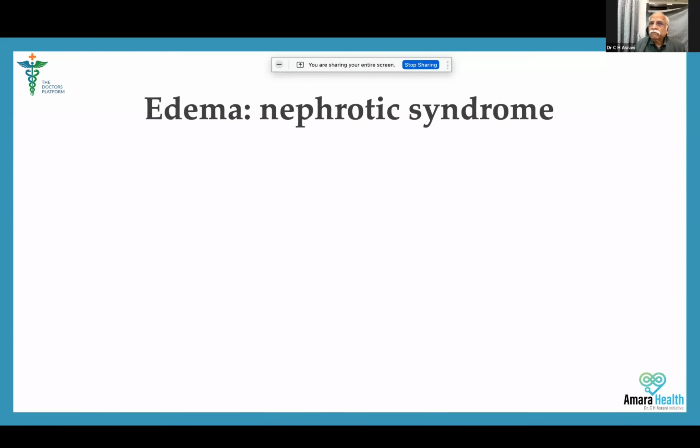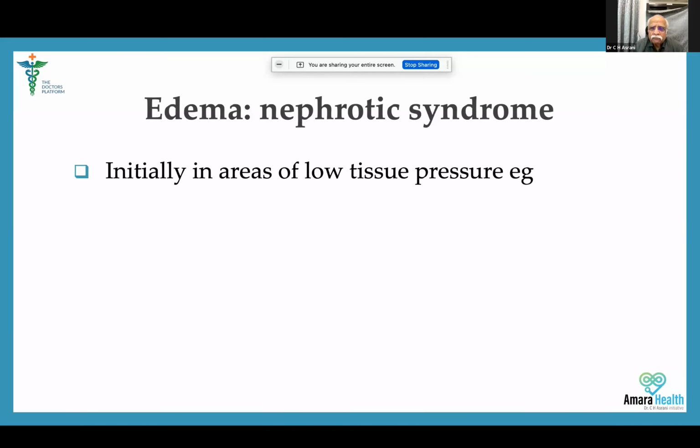Nephrotic syndrome is when the kidneys allow excretion of a very large amount of protein. If you do a 24-hour urine protein, it will be above 3 grams. Initially, edema is seen in areas of low tissue pressure, such as the scrotum, periorbitally, then it goes to the feet, then all over.